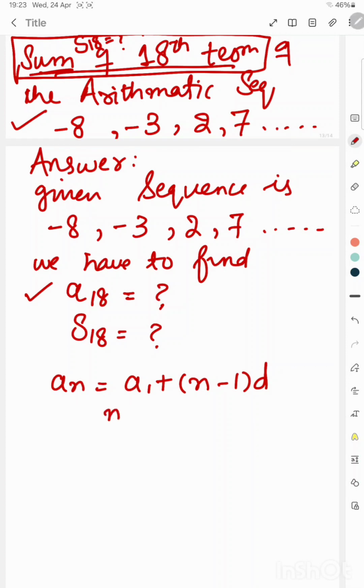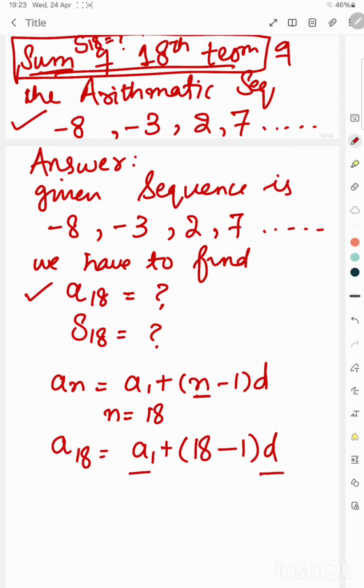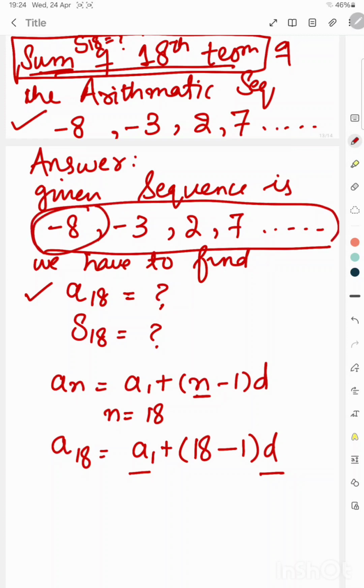So here n is equal to 18. So a18 is equal to a1 plus, as n is equal to 18, so here we will put (18 minus 1)d. Now what is a1 and what is d? It is given in the sequence. So in the given sequence the first term is minus 8.